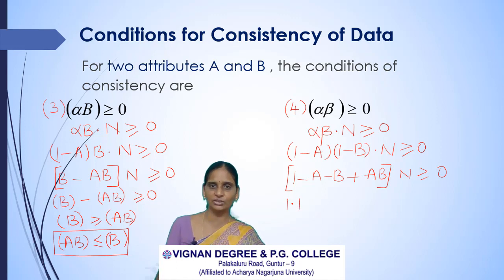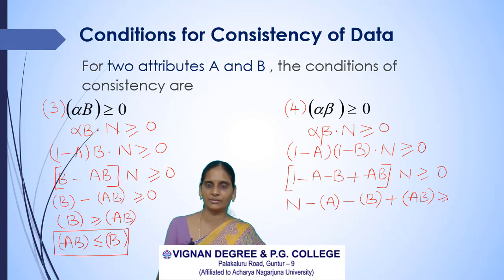We get 1 into n is n, minus a into n is frequency of a, b into n can be expressed as frequency of b, ab into n can be written as frequency of ab, which is greater than or equal to 0.